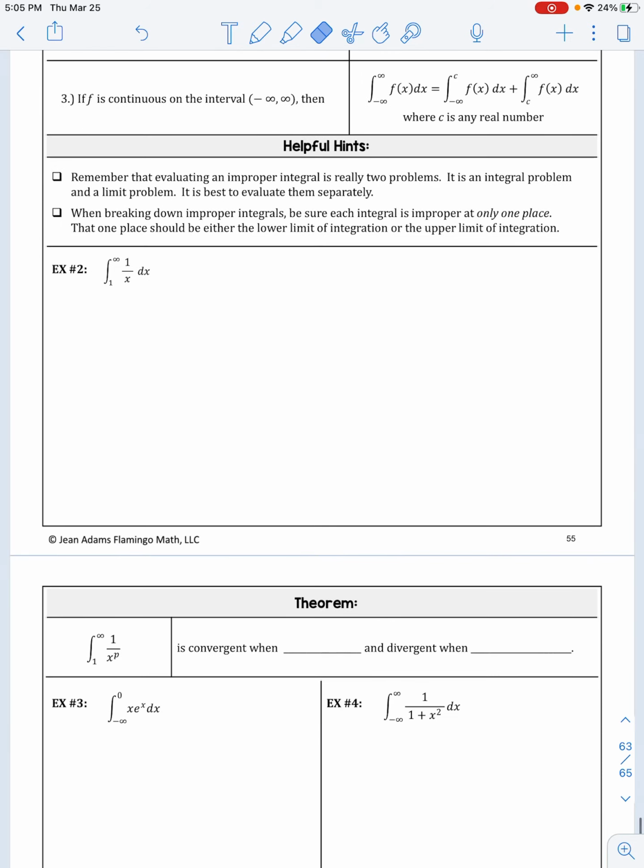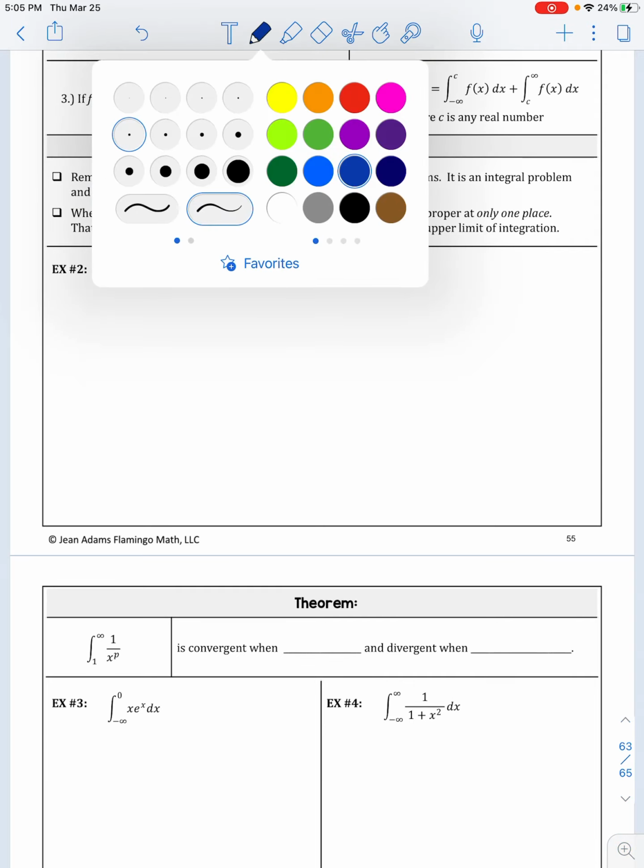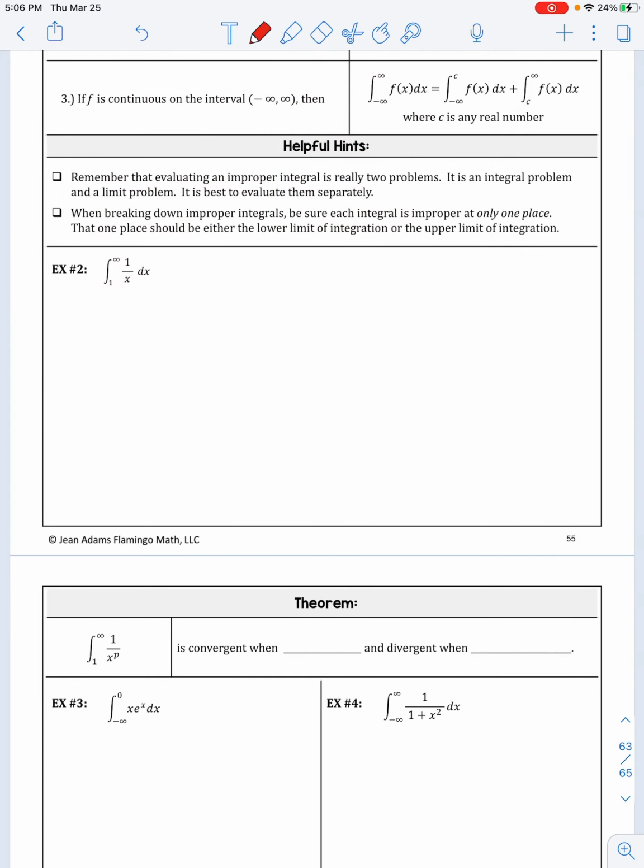So let's look at example number 2. I'm just going to change my color. We have the integral from 1 to infinity of 1 over x dx.